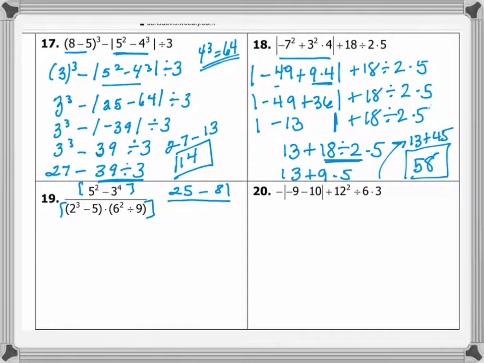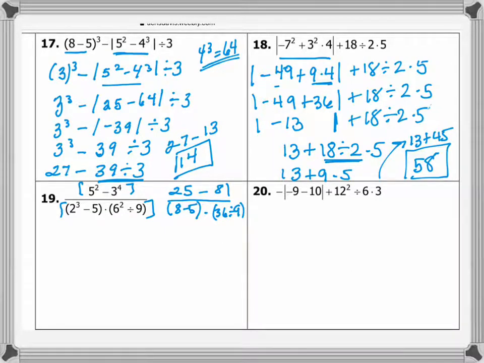All right, now on the bottom, I have some parentheses here. I have to do what's inside first. So this would be 2 cubed, which is 8 minus 5, times 6 squared, 36 divided by 9.